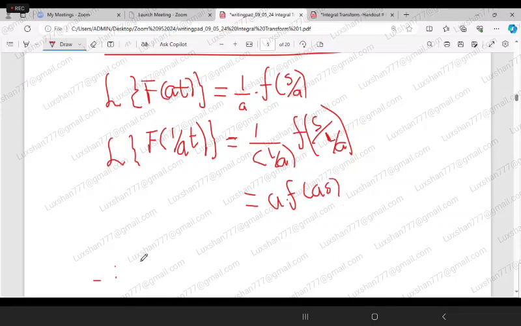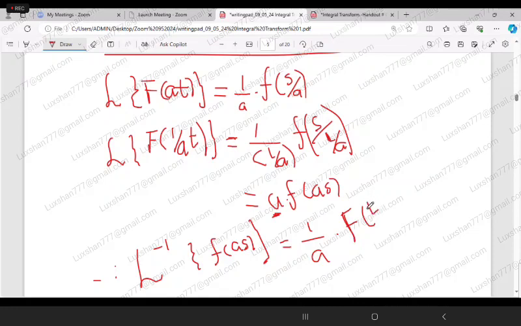Therefore, because a is a constant, you can say that the inverse Laplace transform of f of a s equals, so you can take this a this side, 1 over a into f of t over a. So this is the proof of that one.